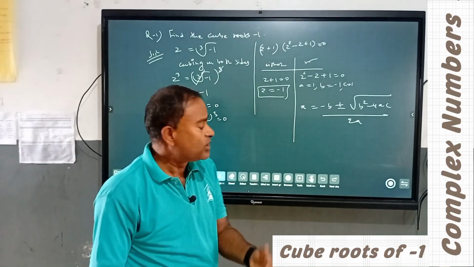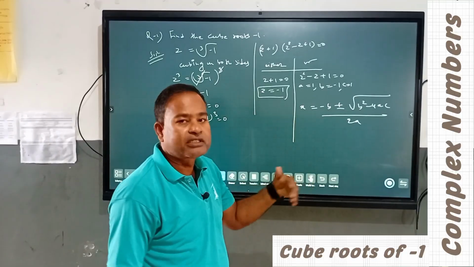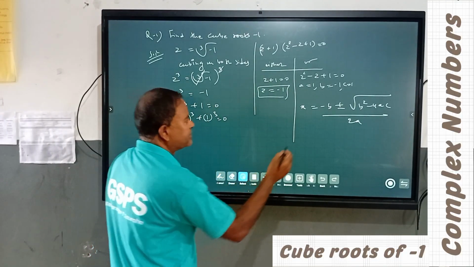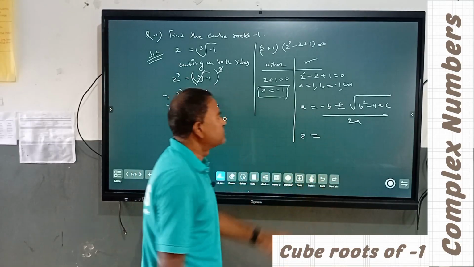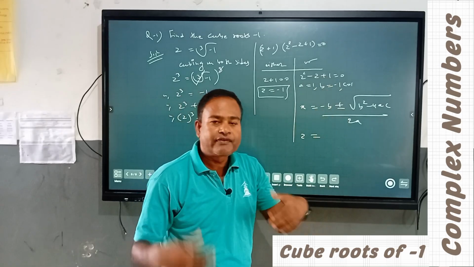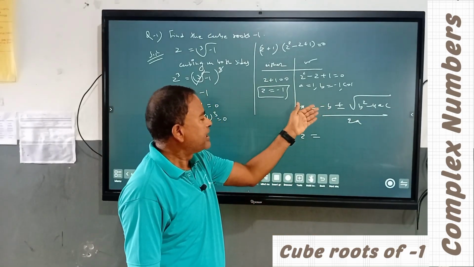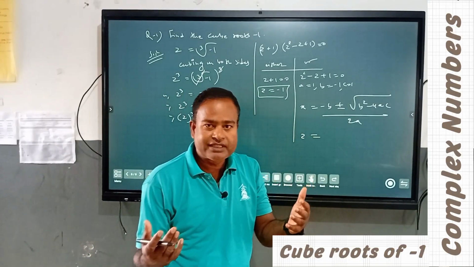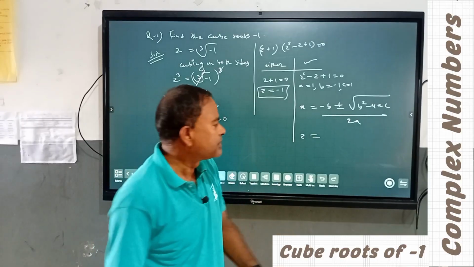Dear students, if we plug in the values of a, b and c, we get two values of z, because it is in the form ax square plus bx plus c equals 0. That means we'll get two more cube roots of -1.